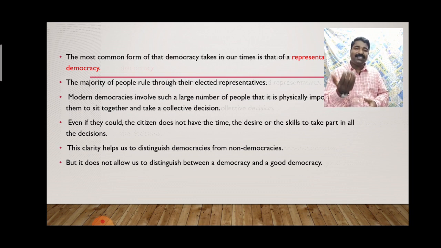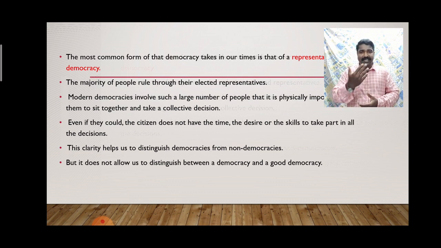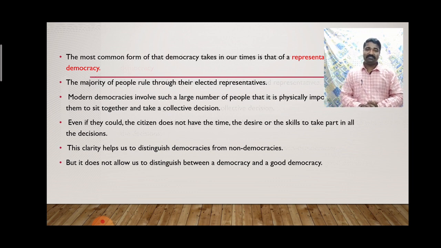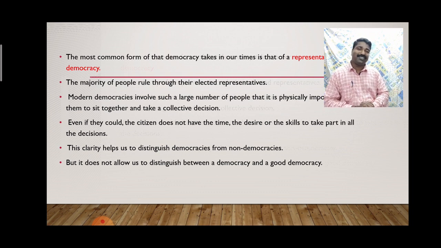Why is it representative democracy in most of the countries? What's the problem in modern times? The reason is that modern democracies involve such a large number of people. Take the case of India. We are the second largest populated country in the world.